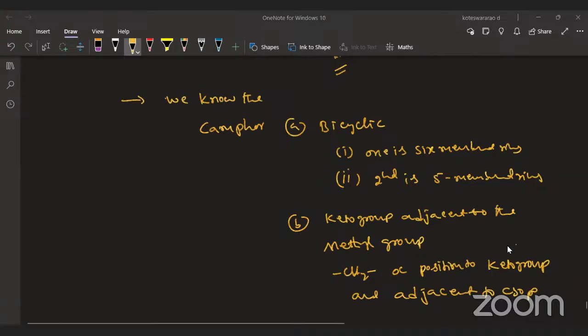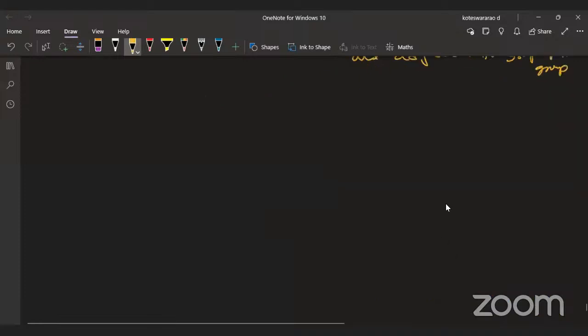Adjacent to the isopropyl group. And these are the facts we have identified. From all the above evidences, the structure of camphor can be proposed in two possible structures.